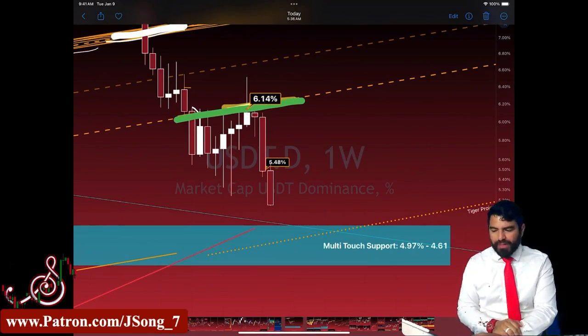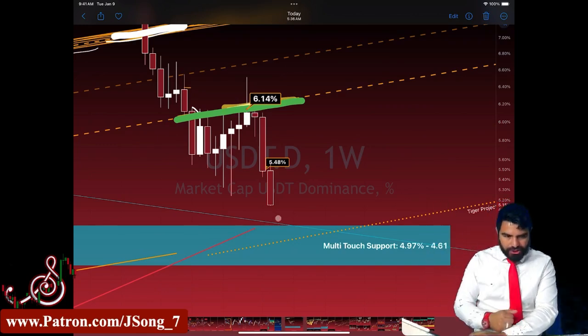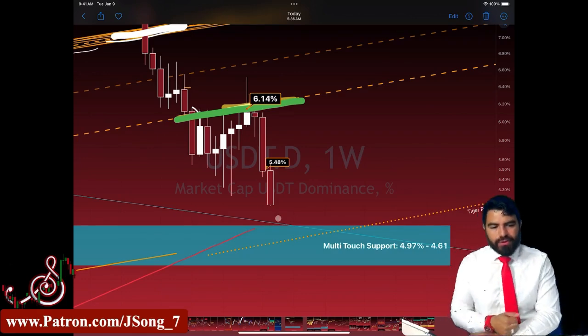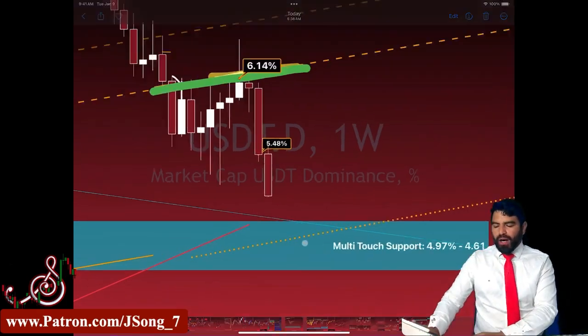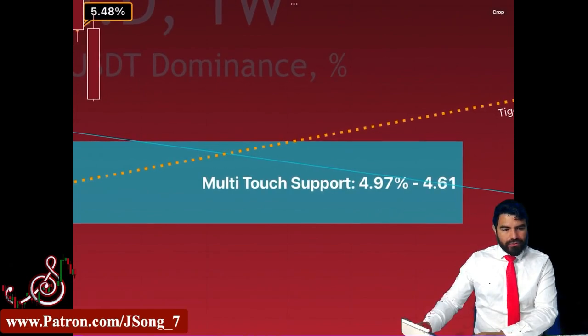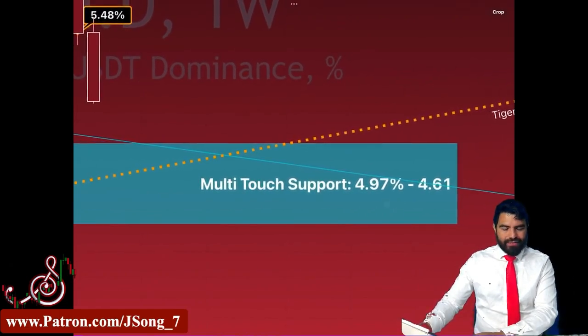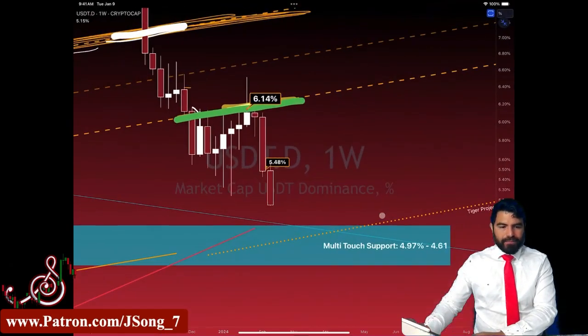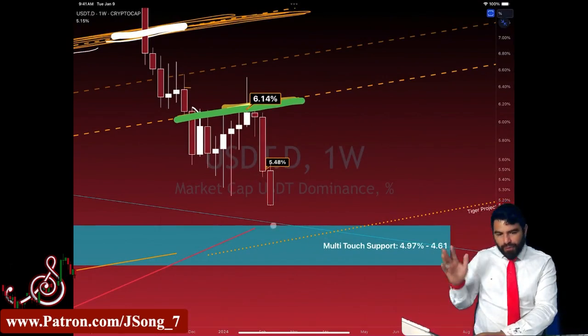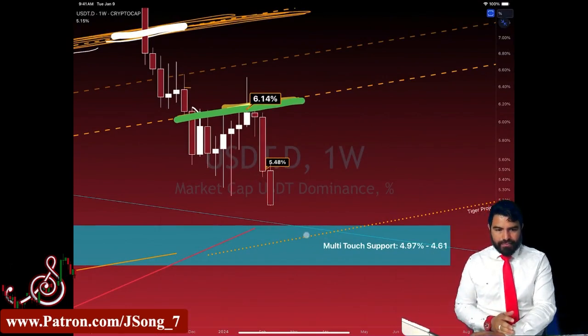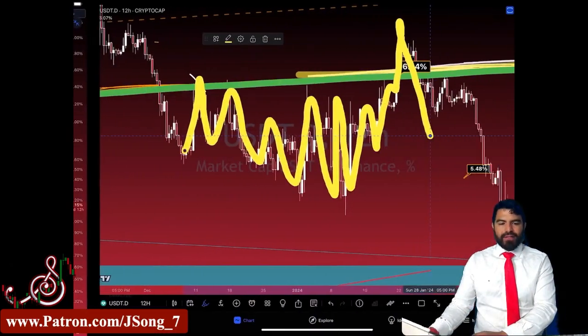When this chart goes down, Bitcoin goes up, and the cryptos go up. We are very close to our 4.97 and a low of 4.61 area, and if we stop in those areas, we're going to see Bitcoin go the opposite direction.